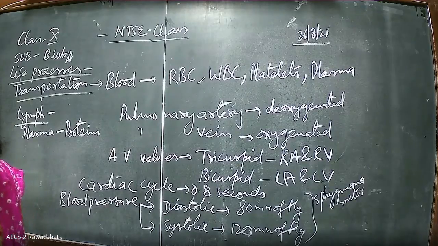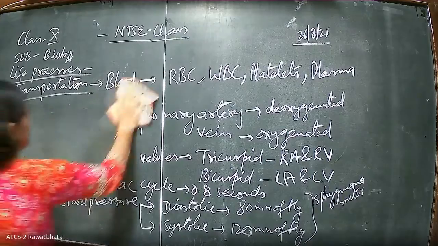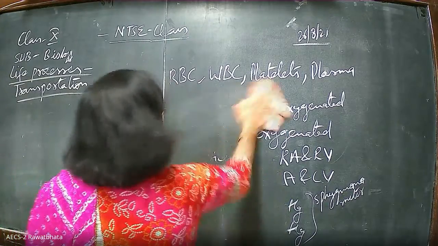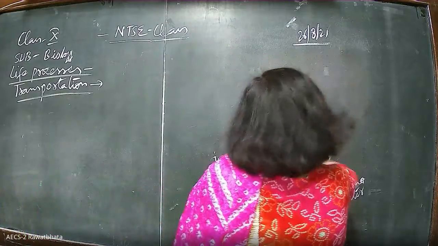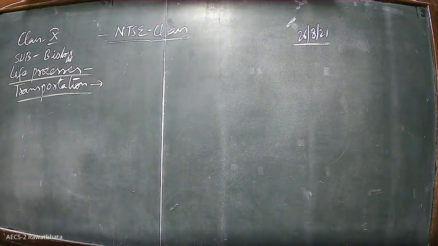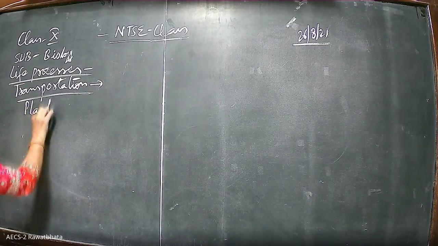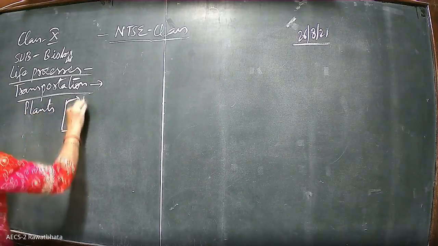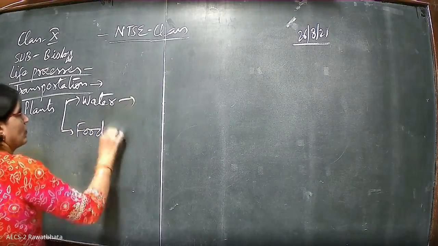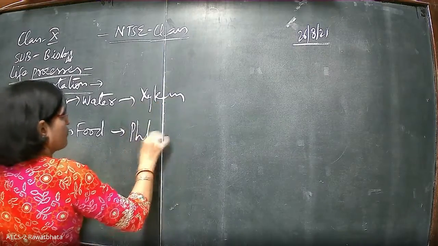Now, in case of transportation in plants, 2-3 terms are very, very important. Of course, we know two of them, water and food, and this is for xylem and phloem.